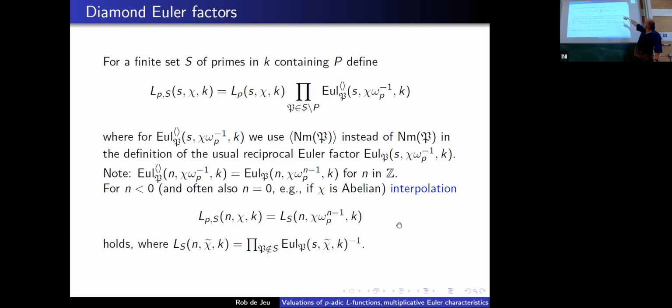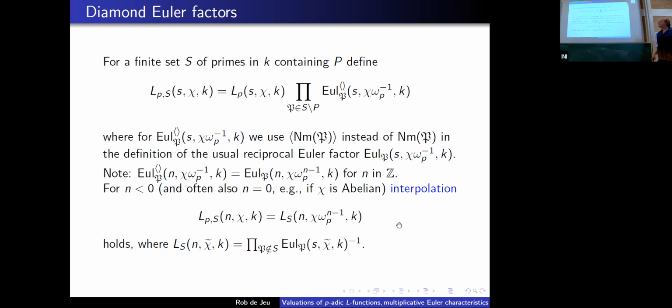So you get something like a diamond Euler factor, which shows up in other places in the literature as well. And then instead of the norm of your prime that you plug in for your Euler factor, you actually get a diamond. Then at that stage, you have to throw in omega p minus 1 to get exactly the right interpolation.